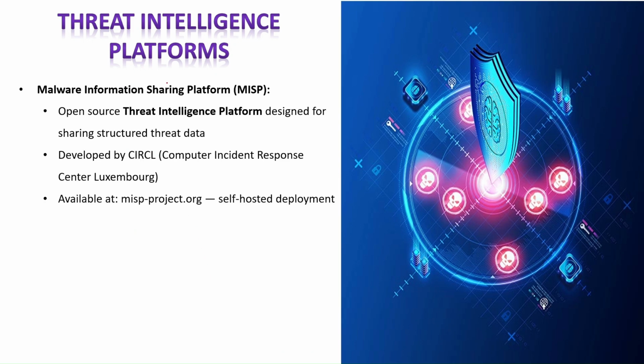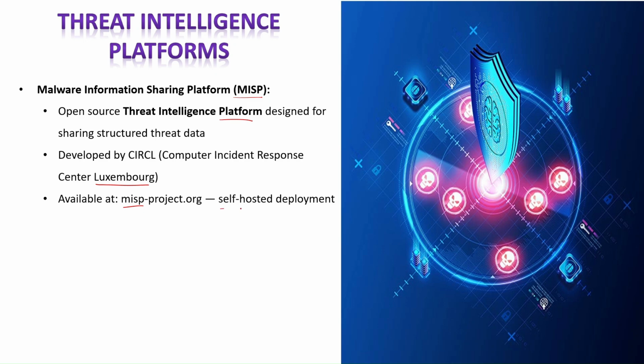Next threat intelligence platform is Malware Information Sharing Platform, that is MISP. It is an open source threat intelligence platform designed for sharing structured threat data. It is developed by CIRCL, that is Computer Incident Response Center Luxembourg, and it is available at misp-project.org.